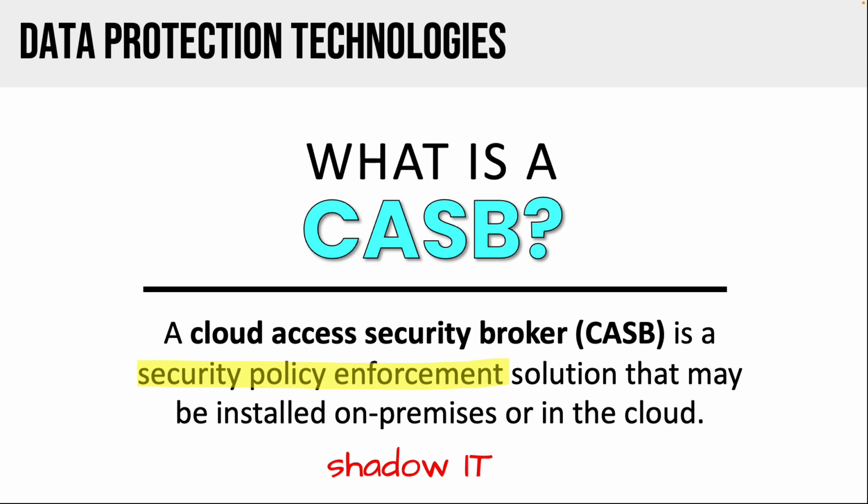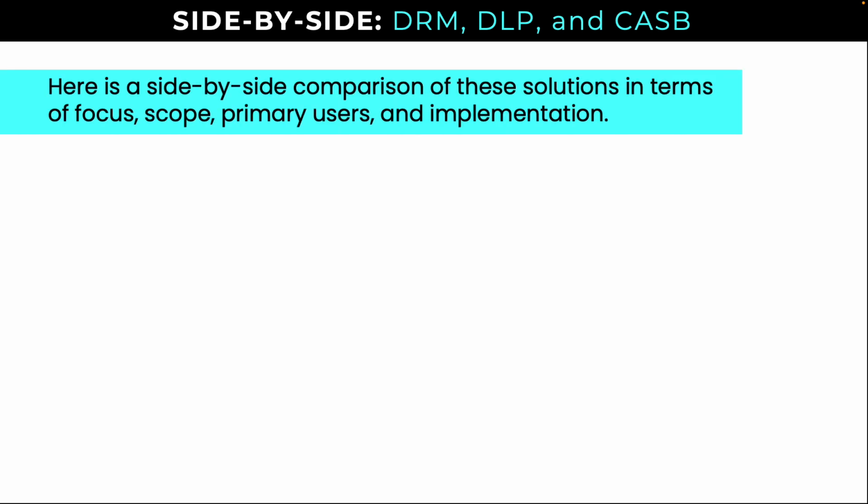So Shadow IT was where CASB got its start. It's expanded well beyond the prevention of shadow IT in 2025. Now I want to just juxtapose these three technologies side by side so you get an appreciation for the scenarios in which they factor in case you don't have a lot of experience in this area.